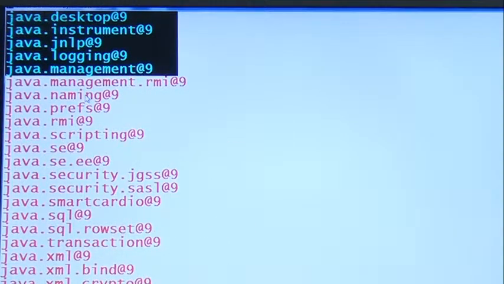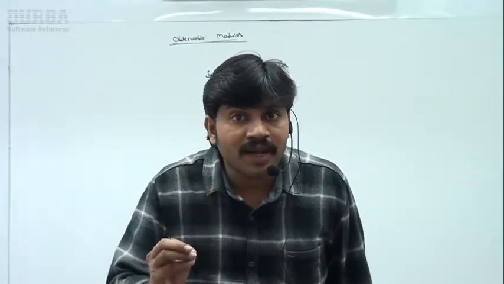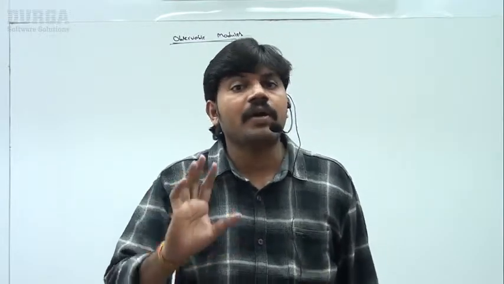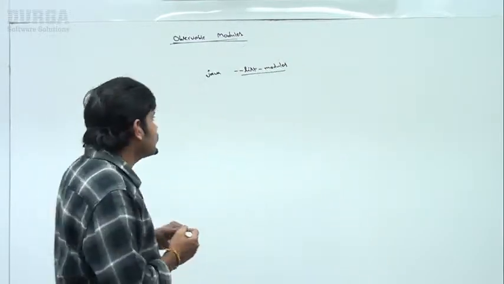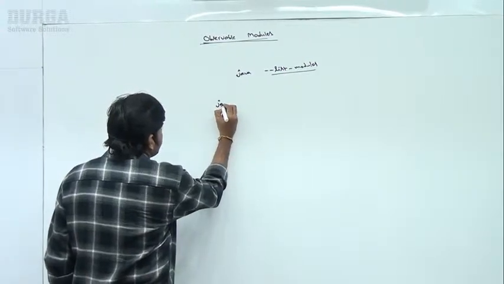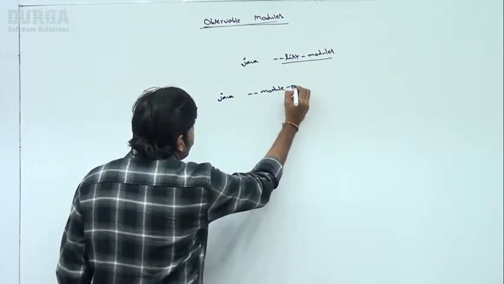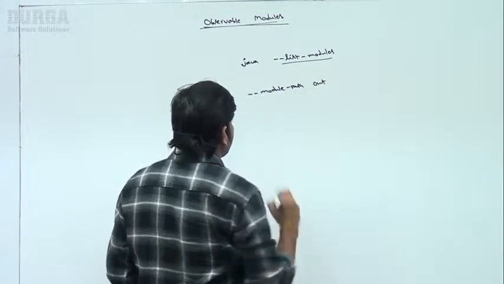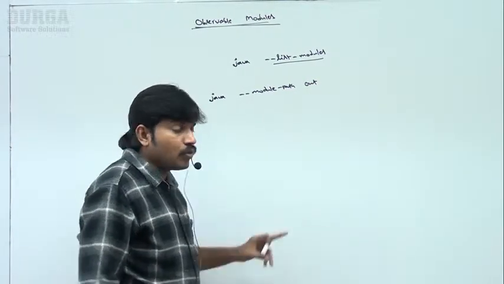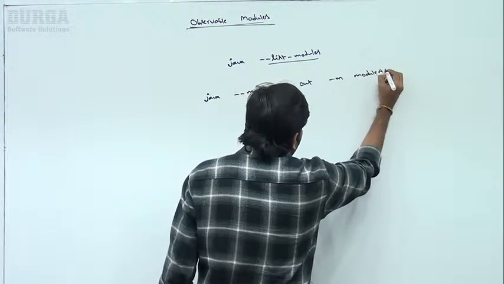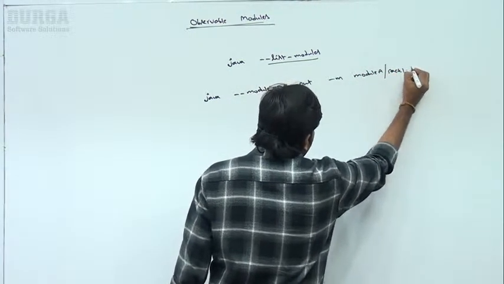Sometimes while executing our Java program, we are going to add modules to the module path, right? Those are also observable modules only. Suppose I want to execute java --module-path out -m moduleA pack1.test.